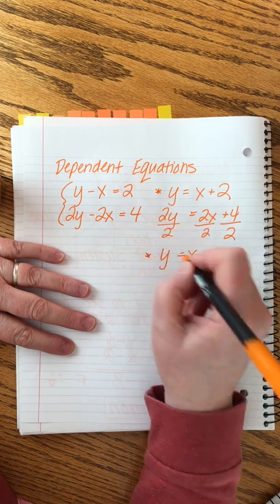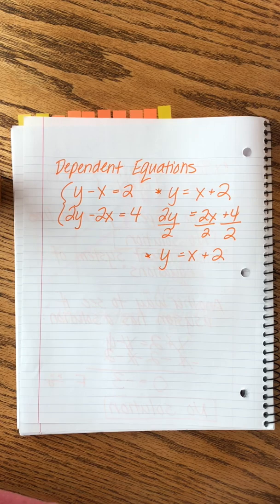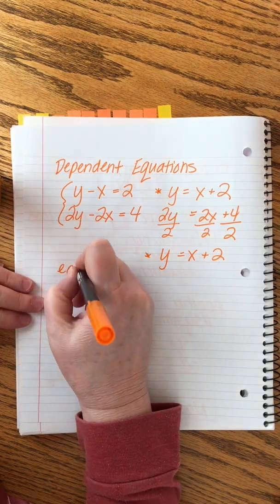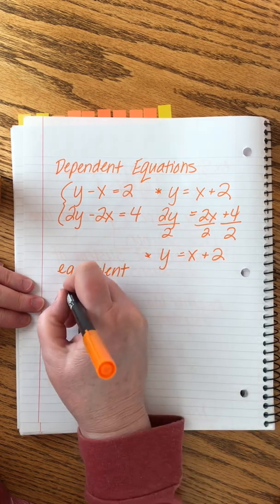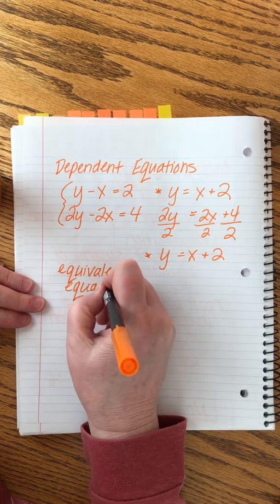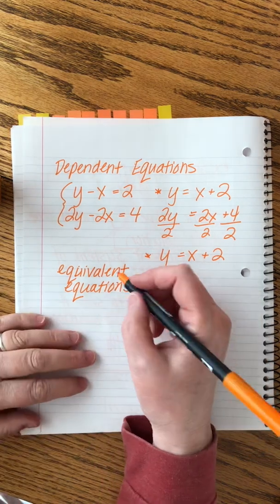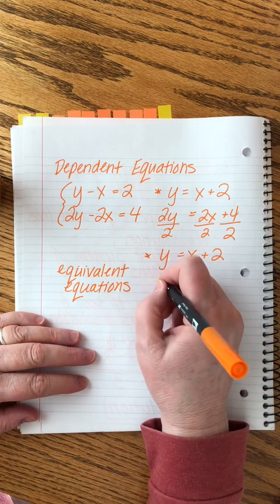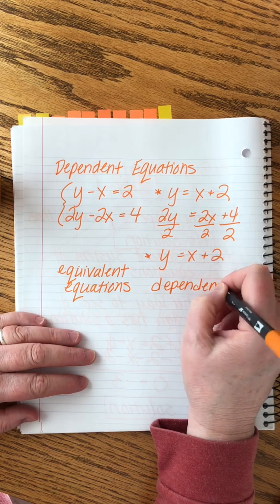Now look at our two equations. Once we simplified them, we discover they are exactly the same. We call this equivalent equations, which is another way of saying they're the same. And once we determine that they're equivalent equations, we call them dependent equations.